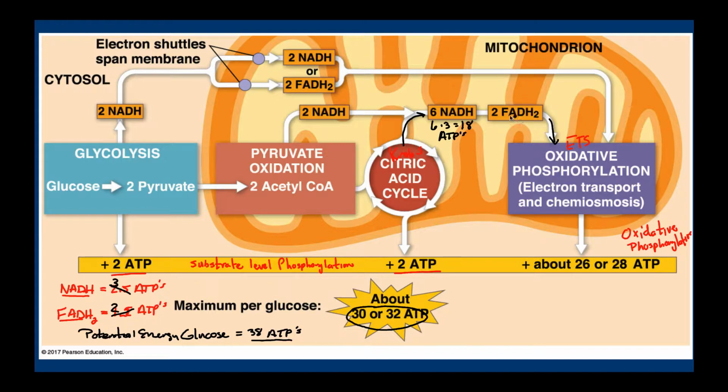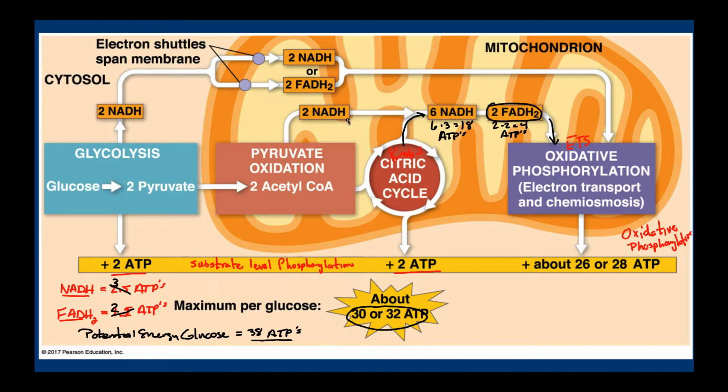The two FADH2s, since they're worth 2 ATPs each, that would be 2 times 2, which would equal 4 ATPs, just for these two FADH2s that come out of the Krebs cycle.